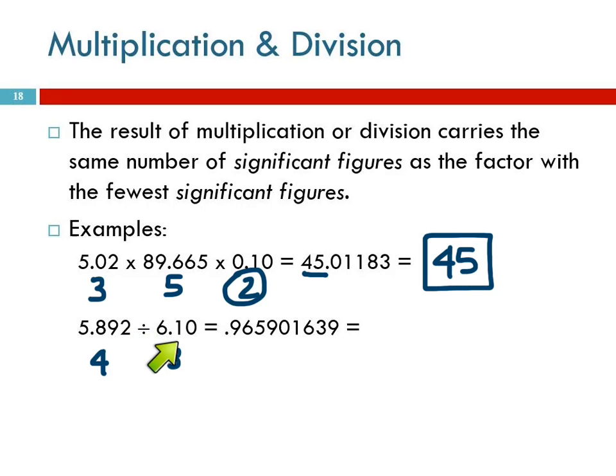Well, the 6 and the 1 are obviously significant. The 0 is where we get a little tripped up. Trailing 0 with a decimal point. We're going to count that. Another way to think of it is if we lost that 0, would that change the number? Would it change the magnitude of the number?